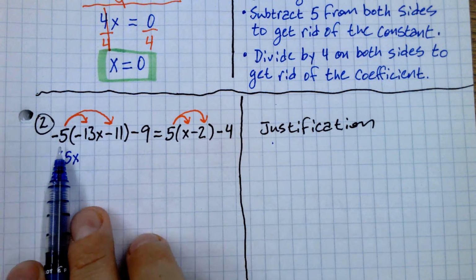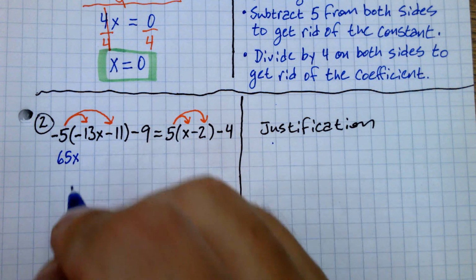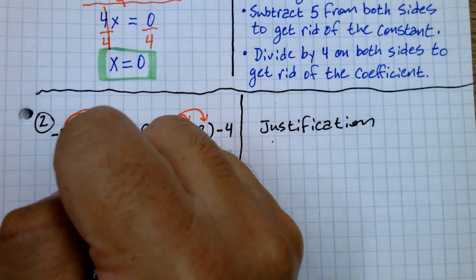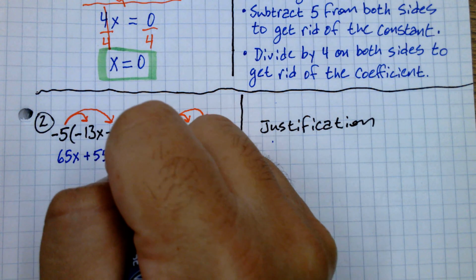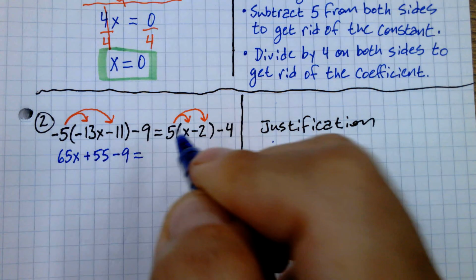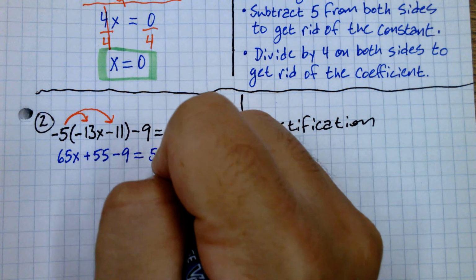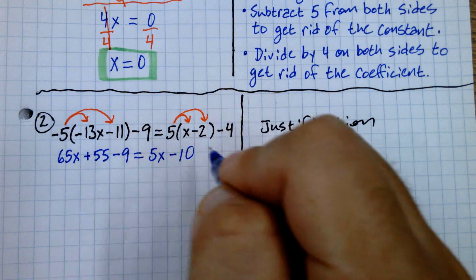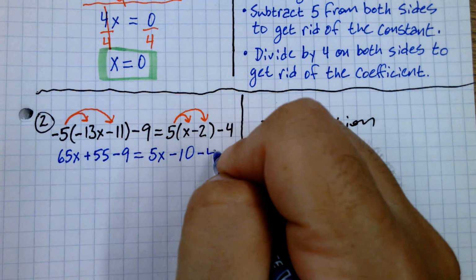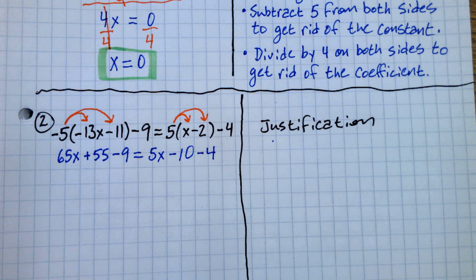And then do the negative 5 times minus 11. That's another negative times the negative. So I will put plus 55. Take away 9 equals 5 times x, so that's 5x. And then 5 times minus 2, that's minus 10. And then minus 4. Just bring down the minus 4.